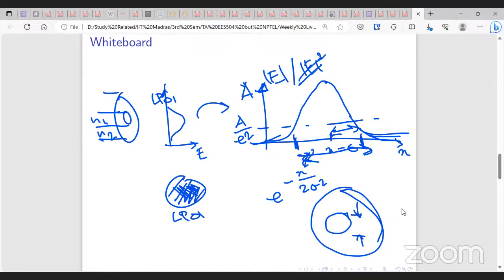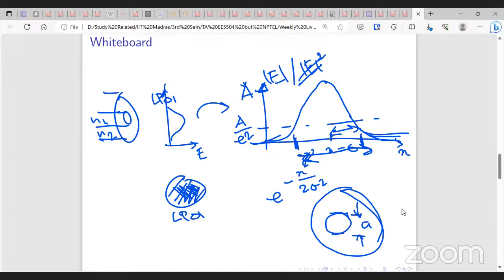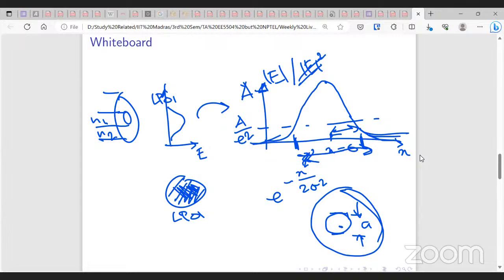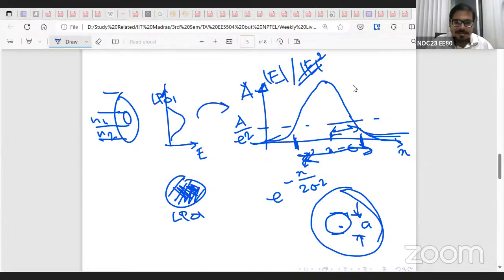Sir, A is the core radius. Yes, A is the core radius, and W is the spot size. And 2 multiplied by W will be the mode field diameter. Okay, so W is not the diameter, W is the radius. W is the spot size.